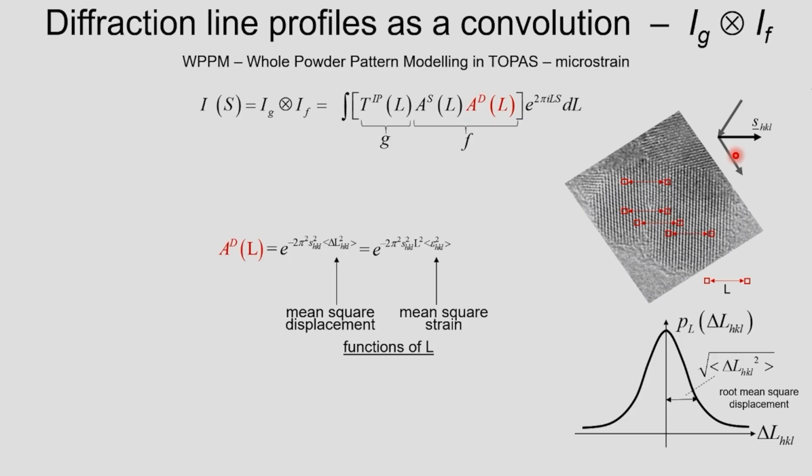For example, if you look at the dislocation from top, from this direction here, you don't see the dislocation, right? Because the distortion is not there. Like in electron microscopy, you turn a crystal in the right way, you look at the edge dislocation from top, and you don't see it because it's perpendicular, and then you don't see the defect. This means that you have an anisotropy in the strain, which is reflected in the peak broadening.